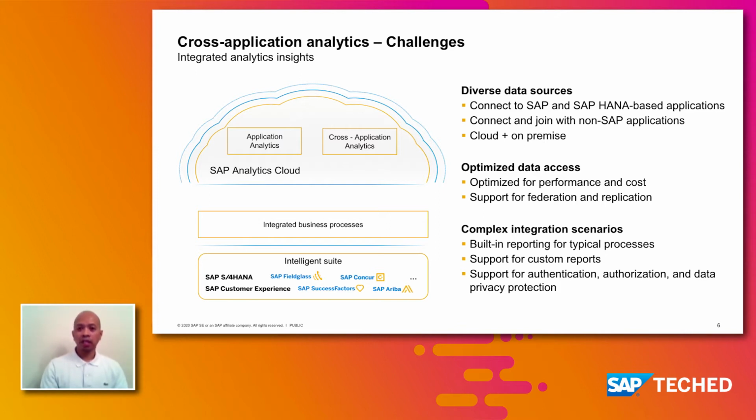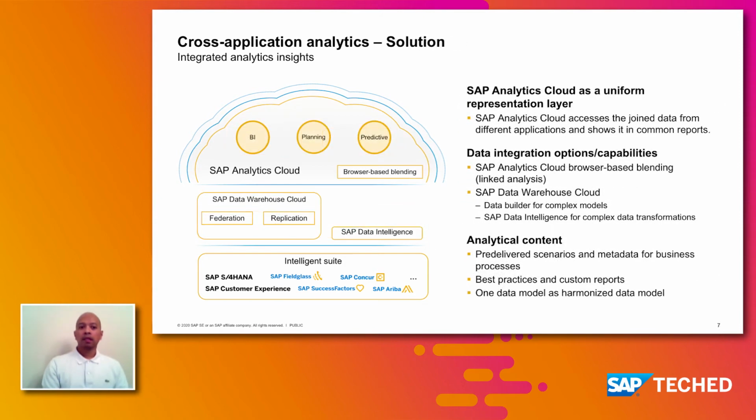Another challenge is business users have complex requirements nowadays, especially with the security and making sure the data is secured. So what is the solution? Well, it's SAP Analytics Cloud with different data integration options.